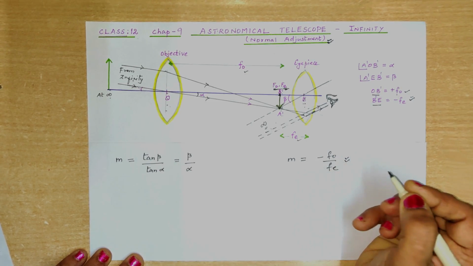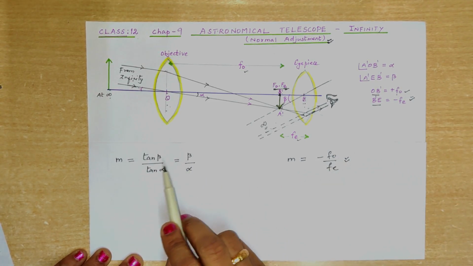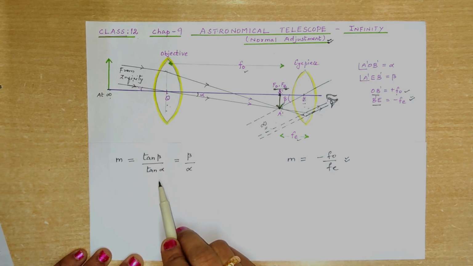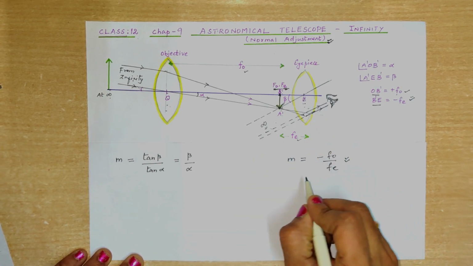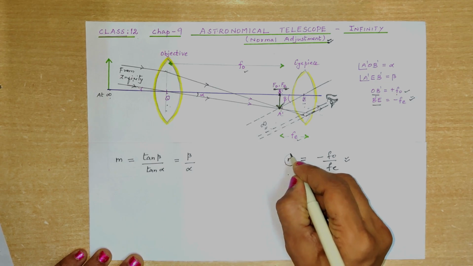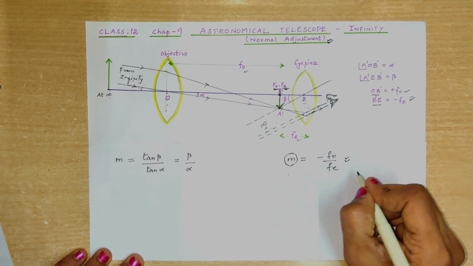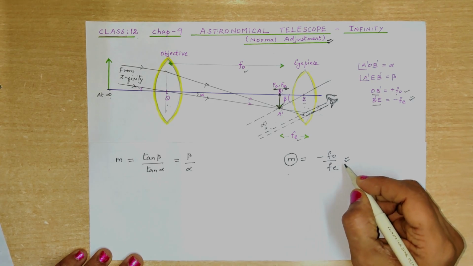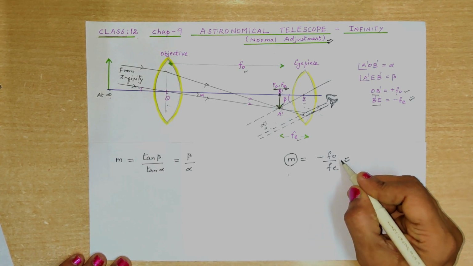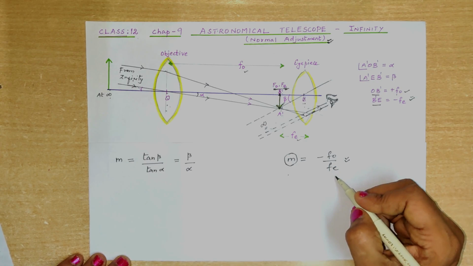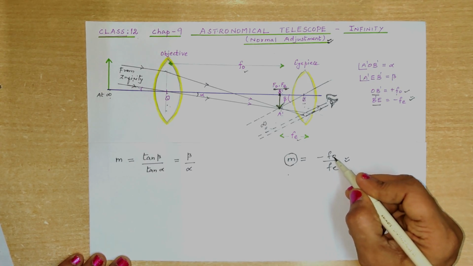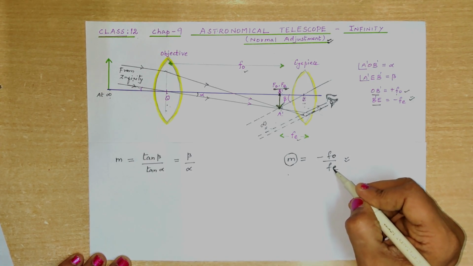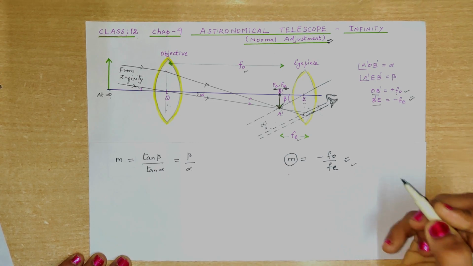After substituting the values of tan beta and tan alpha from the ray diagram, we get this as the final magnifying power of the astronomical telescope when the image is formed at normal adjustment or at infinite position. It is nothing but the ratio between two focal lengths: the focal length of the objective lens and the focal length of the eyepiece. This is the final expression.